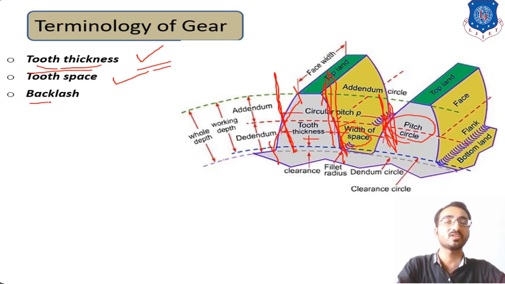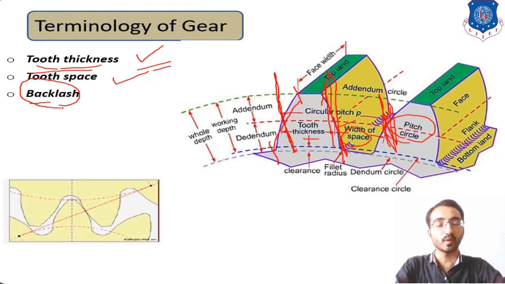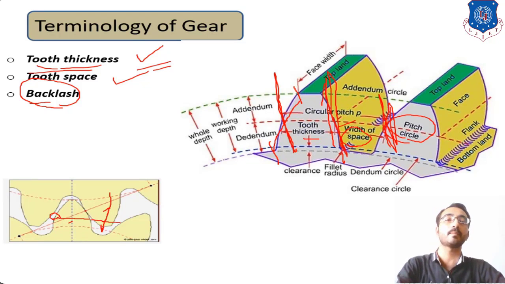But practically it is not possible, because if you are not providing some backlash between them, then it will jam while working. Let's consider this diagram over here. While meshing of two gears, if you consider this thickness and this space as the same value, then during engagement it will insert between this space, but during disengagement it will require some space over here, otherwise it will jam between them.